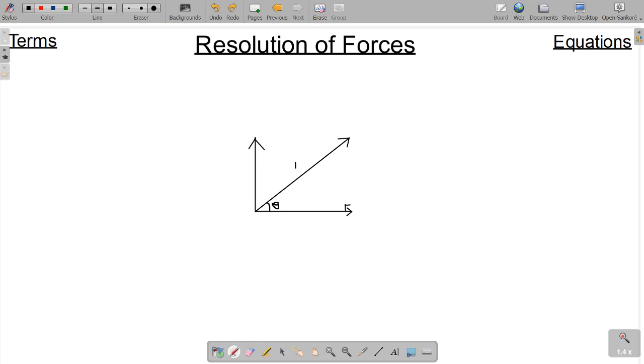This is F. Then you can use your trigo. This is F cosine theta, and this is F sine theta. Basically these will be the magnitudes of the two forces. If you make it such that this is theta, this will be F cosine theta and this will be F sine theta.